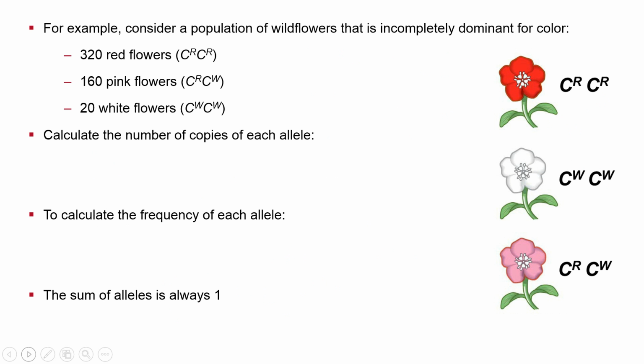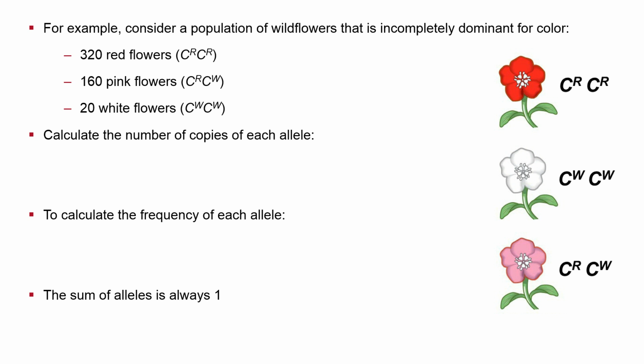Let's look at an example. You have flowers that exhibit incomplete dominance, meaning that neither the red nor the white allele is dominant over the other. Within a population of flowers, you have 320 red, 160 pink, 20 white.